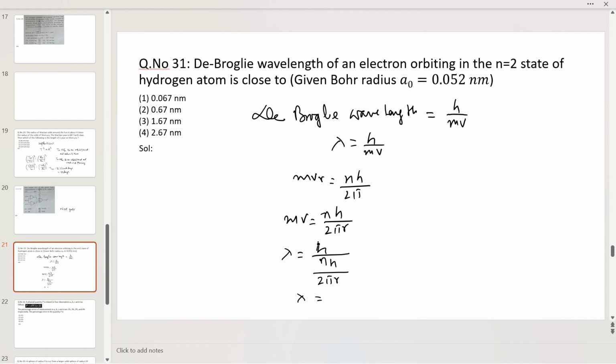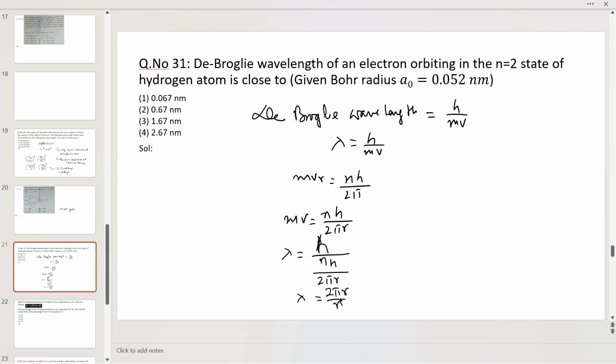Here h cancels out, and lambda will be 2 pi r by n.